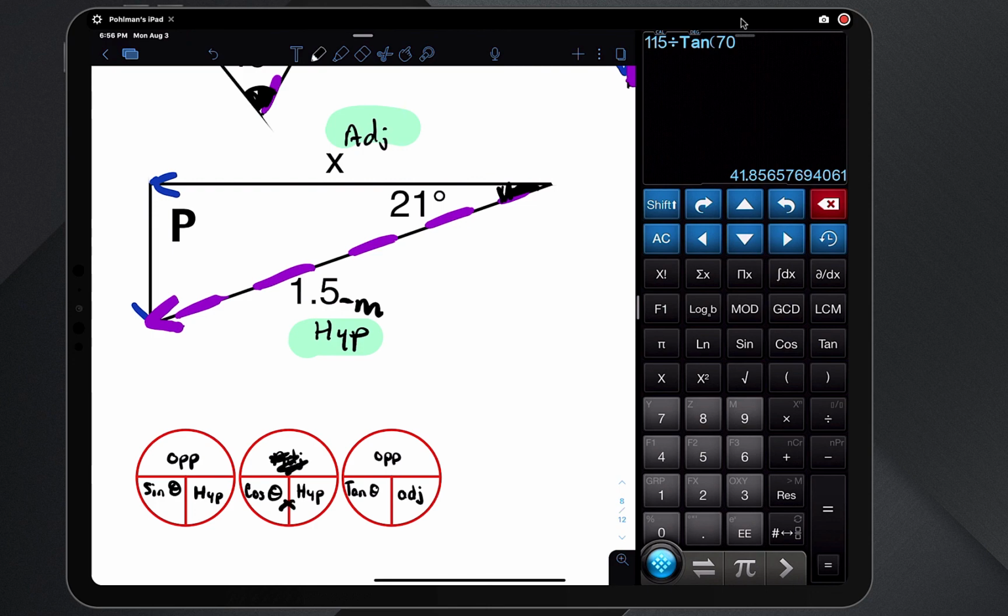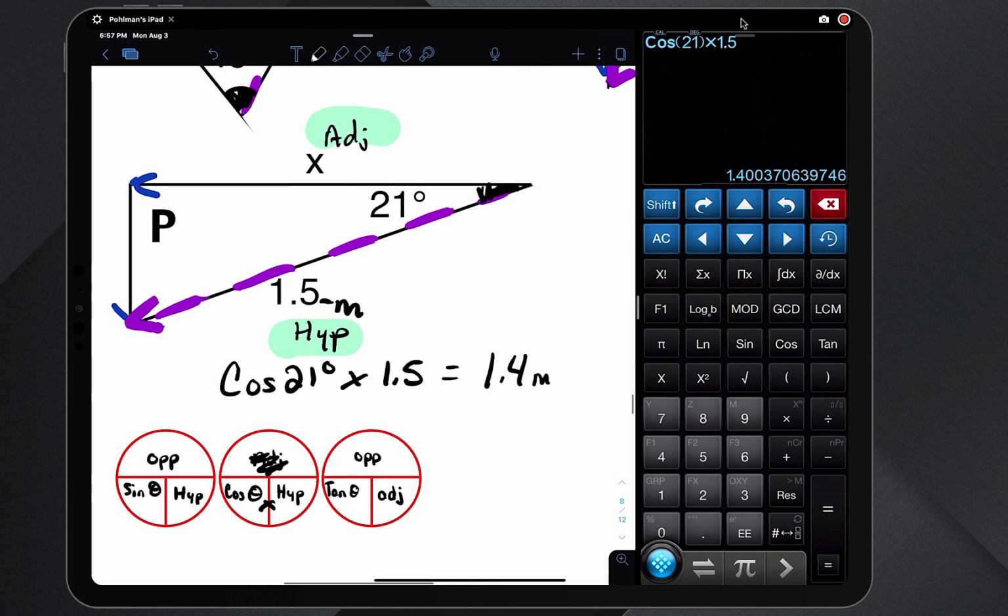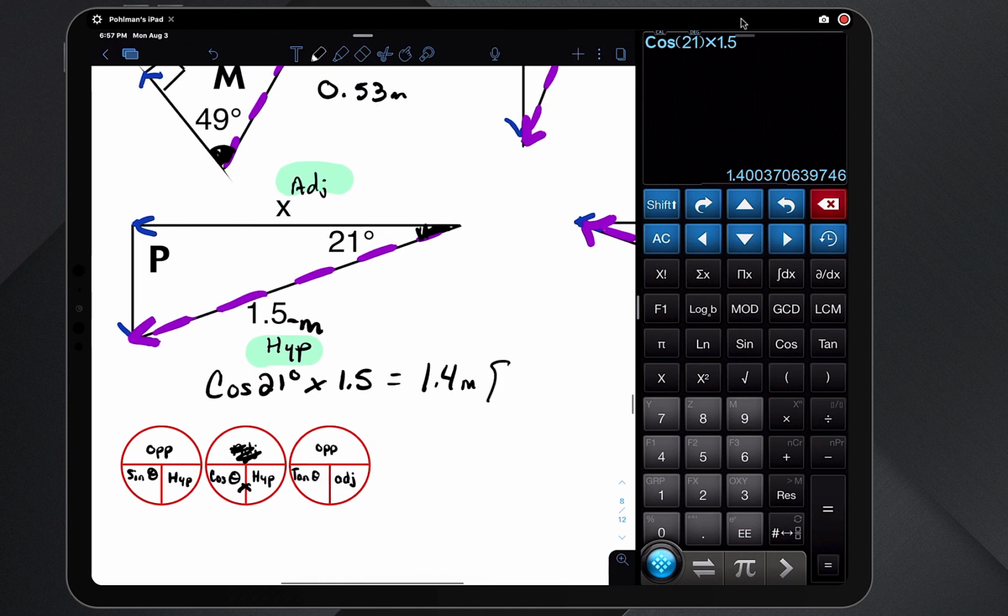That means I'm going to have to multiply the cosine of 21 degrees times the hypotenuse of 1.5. Cosine 21, close it, times 1.5 equals, that would have a value of 1.4 meters, and we would say that that would be at a 0 degrees due west.